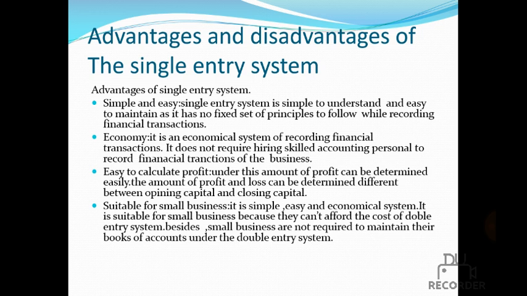It needs skilled accounting personnel, and we have to give proper salaries. A single small business cannot afford that. That's why it is suitable only for small business. In a large business firm, the single entry is not suitable for recording business transactions.